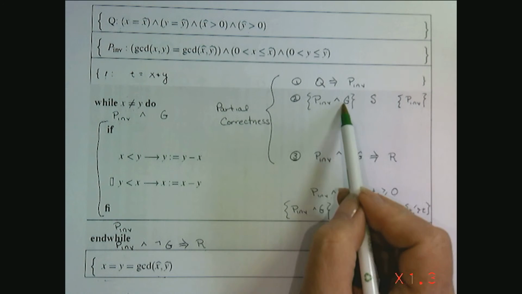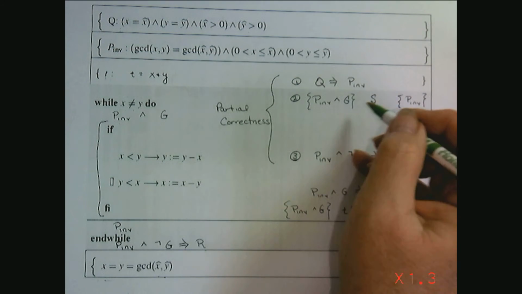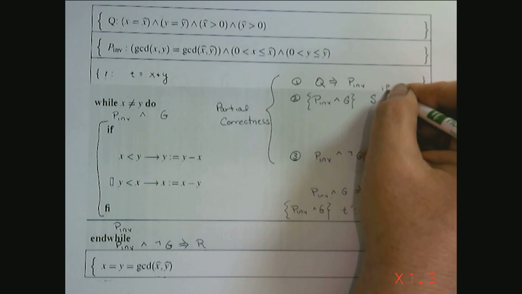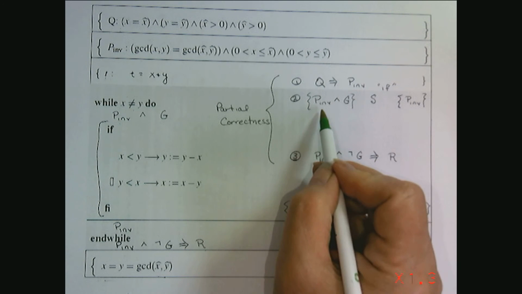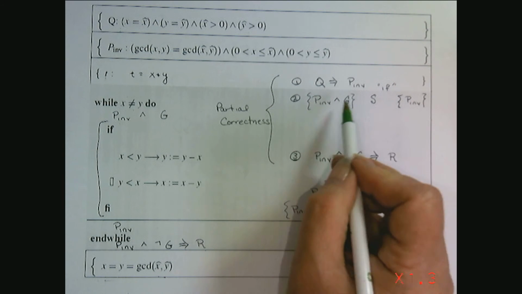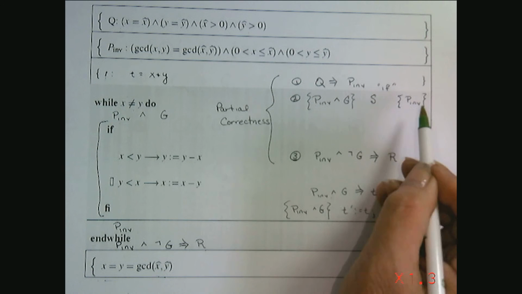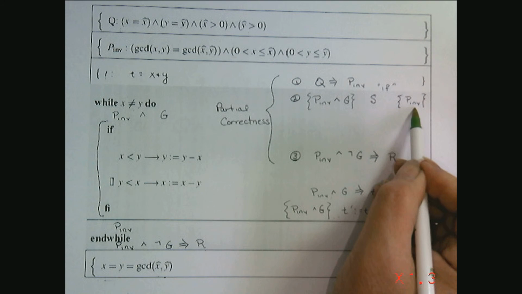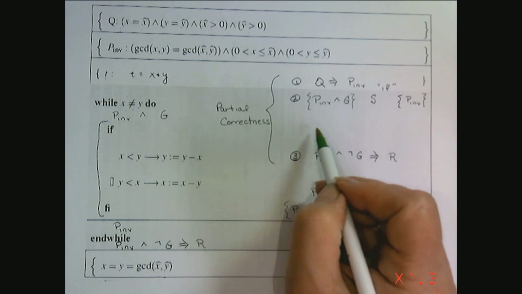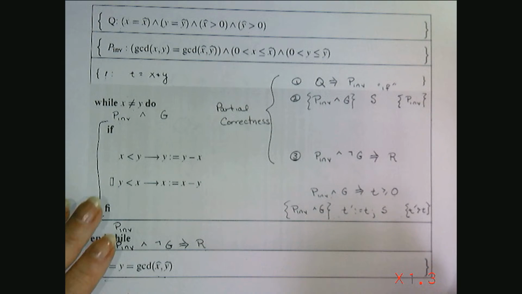Notice I left some space here. The reason is that the command inside of our loop is an if command. Typically, in order to prove a triple correct, we would show that the precondition implies the weakest precondition of the command and postcondition. In this particular case, though, for an if, that weakest precondition is long and could be cumbersome, so we decided to use the if theorem.